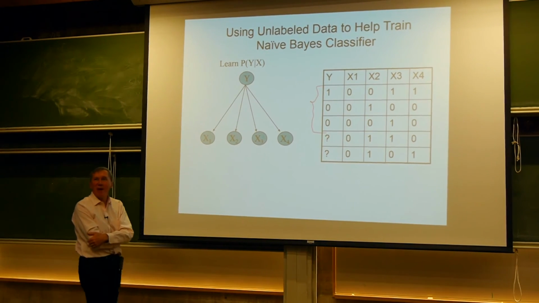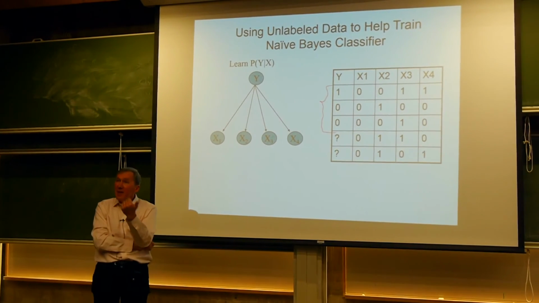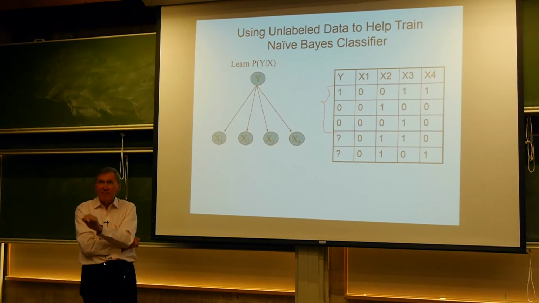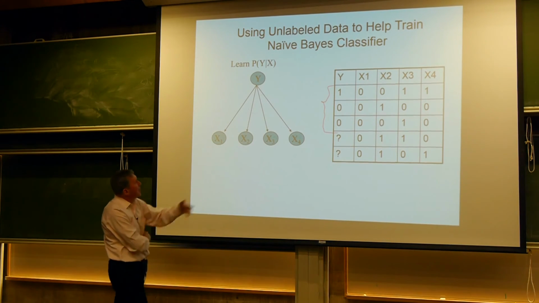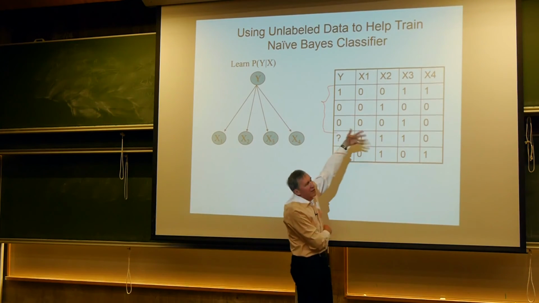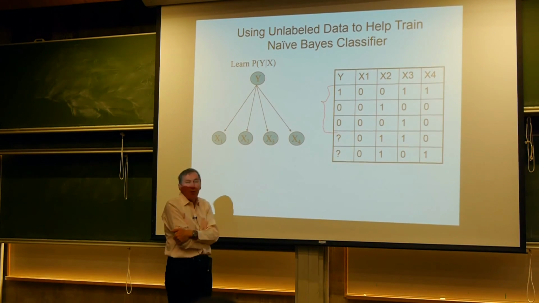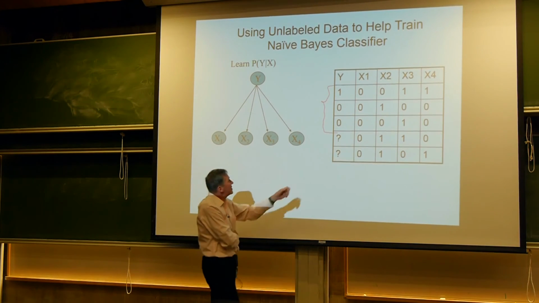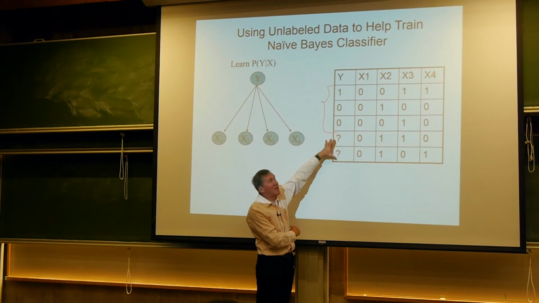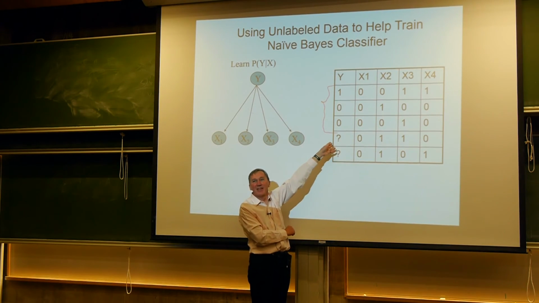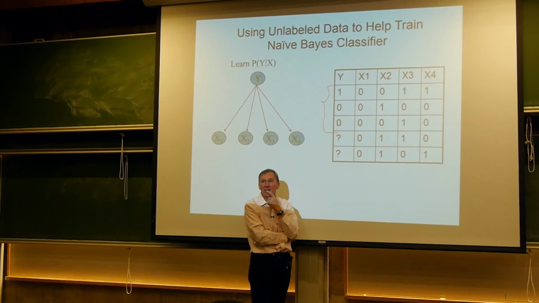Then we would just get maximum likelihood estimates for p of y and also for each of the p of x sub i given y. And we could use the first 3 rows in our training data to get those estimates. But now with EM, we actually can use these other rows where we don't really know the value of y, the variable we're trying to predict.